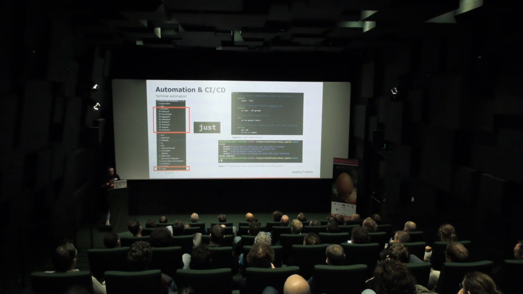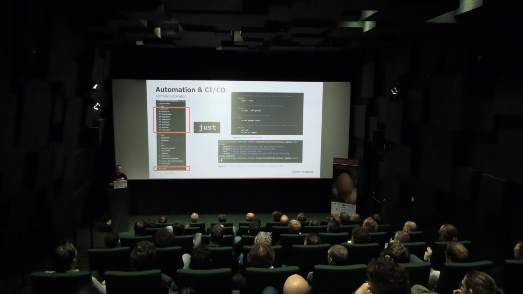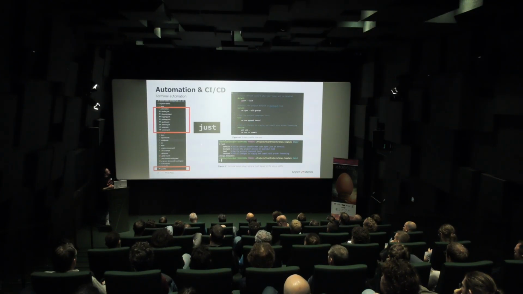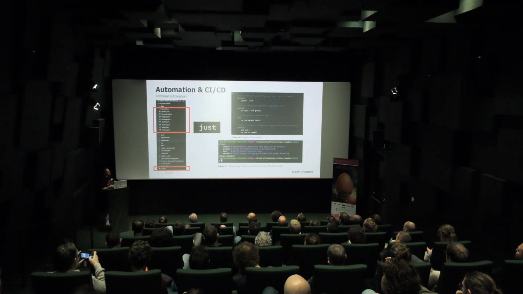Now, I've talked about making your life easier. And this goes hand in hand with automation. And the first kind of automation we implemented in this template is terminal automation. Terminal automation happens with something called just. And at the top right, we see an example of a simple justfile.